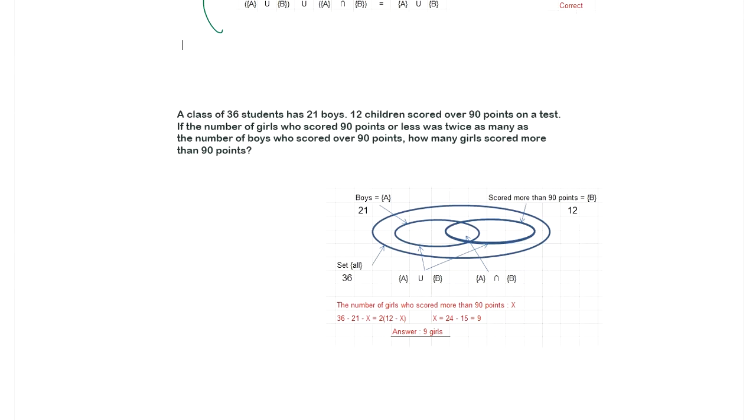A class of 36 students has 21 boys, and 12 children scored over 90 points. There are two conditions: scored over 90 points, and the number of boys is 21. So how many girls scored over 90 if the number of girls who scored over 90 is twice as many as the number of boys who scored over 90?